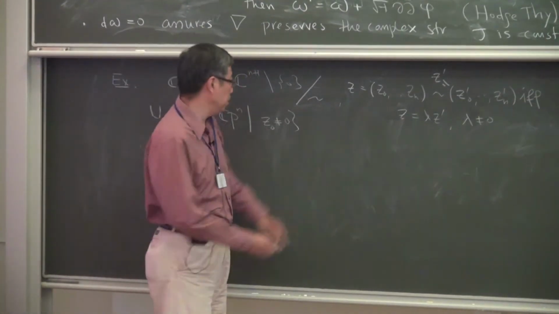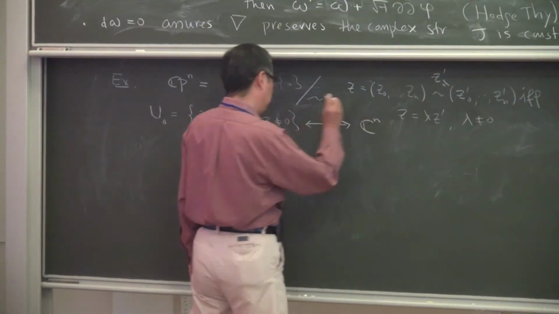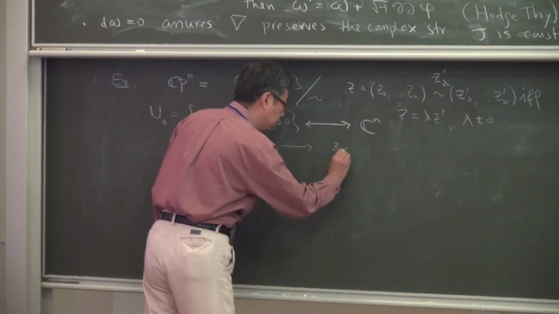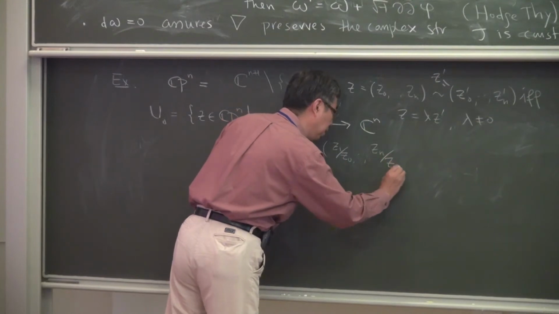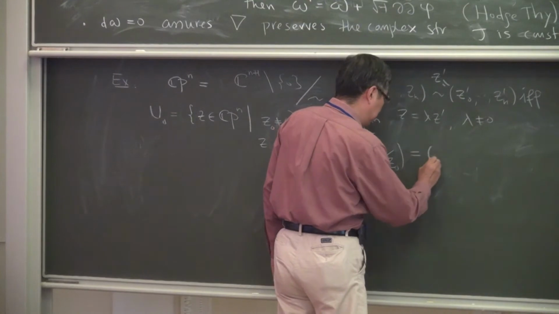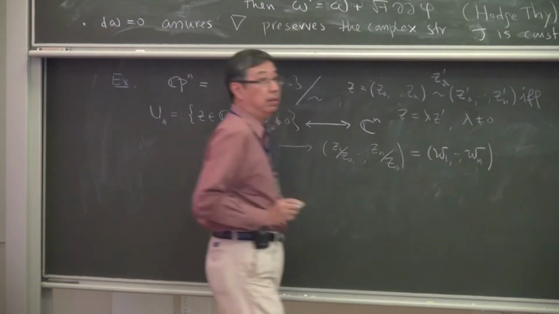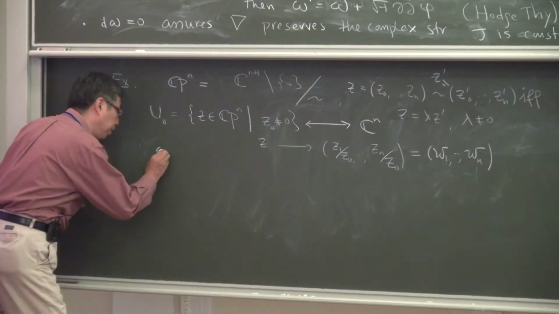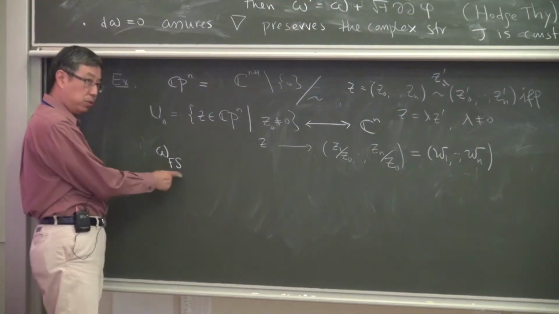Because of this relation, it is equivalent to C^n, by mapping Z to Z1 over Z0, up to Zn over Z0. Let's call these W1 to Wn. That's a local complex coordinate. Then there is the so-called Fubini-Study metric.